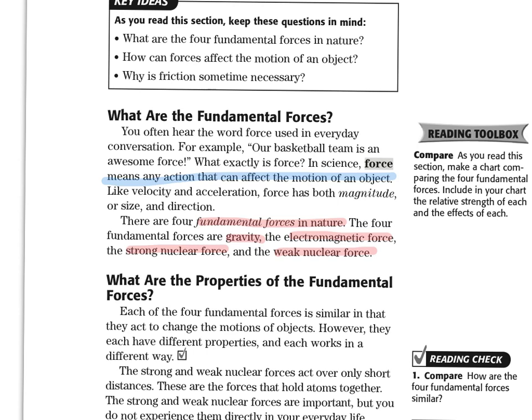Gravity, for instance, because that's the most common one, let's talk about how gravity is actually a force. It does not matter how far away from the surface of the earth you get, if you stay within our atmosphere, gravity pulls you downward. Does it pull you in a direction? Yes, it does, and that causes motion.